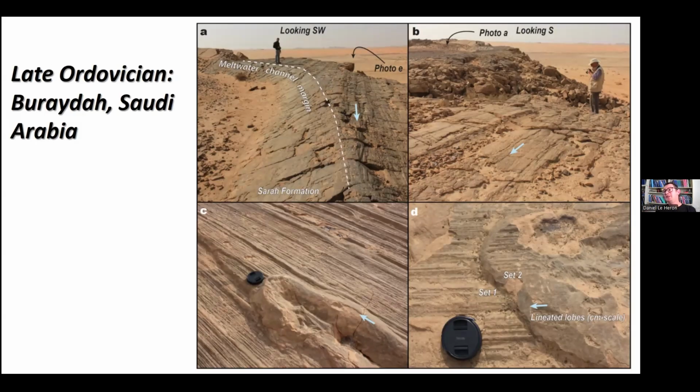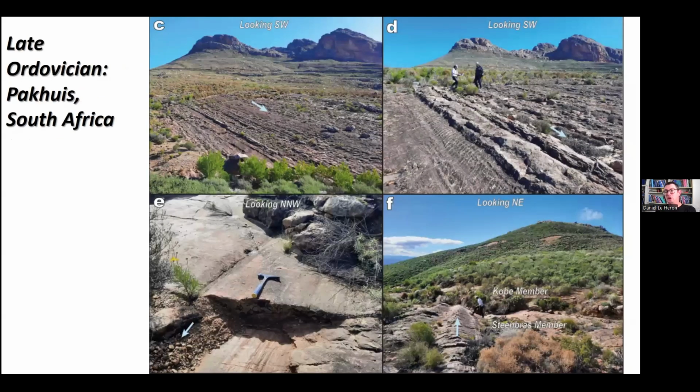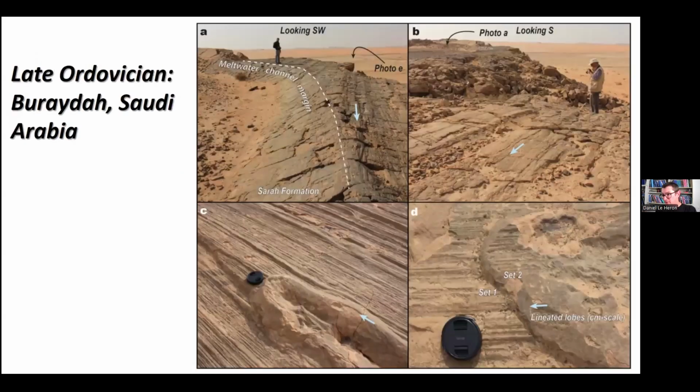Okay, and in the bottom right-hand corner, we have a different impression left behind. If I go back to the previous slide and you look at the bottom left-hand corner, you've got one bed of sandstone overlain by the other, and they both have these striations on the surface. In the one here in Saudi Arabia, by contrast, they form these lobe-type features.